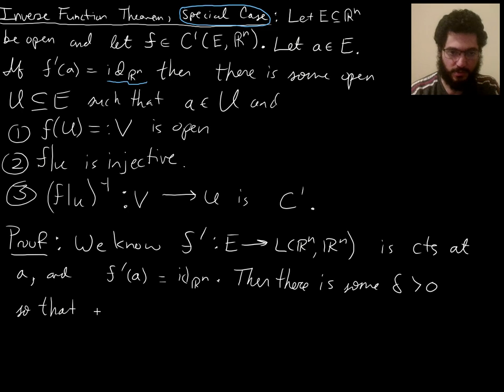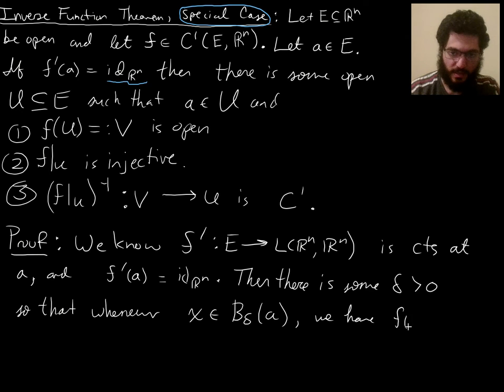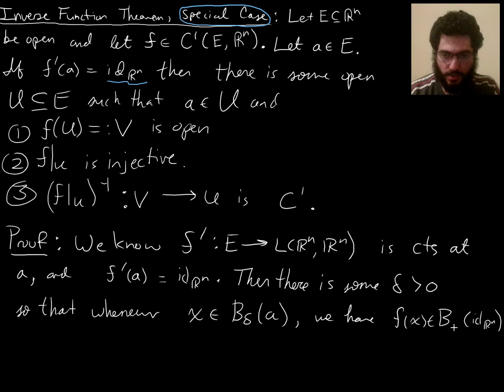There's some delta greater than 0 so that whenever x is within delta of A, so in the ball of radius delta centered at A, we have f prime of x is within a certain distance of f prime of A, which is the identity. And here I can put any positive number I want. Any positive number I want. And I choose 1/2.